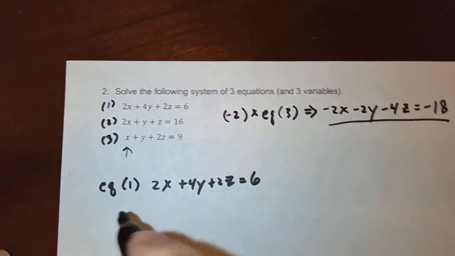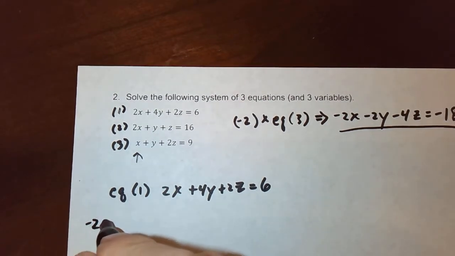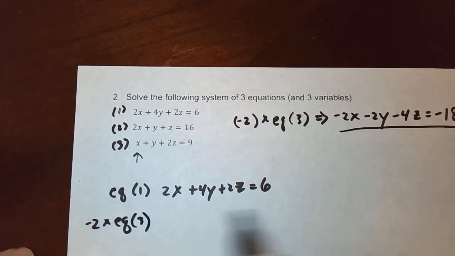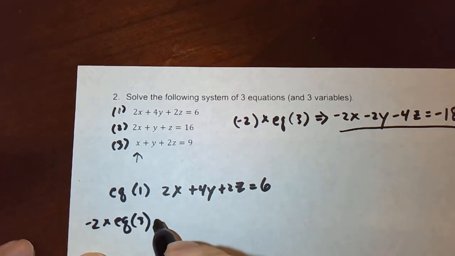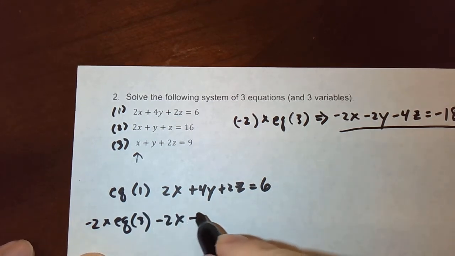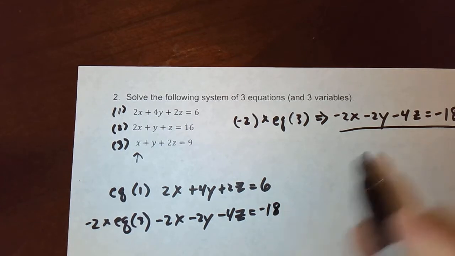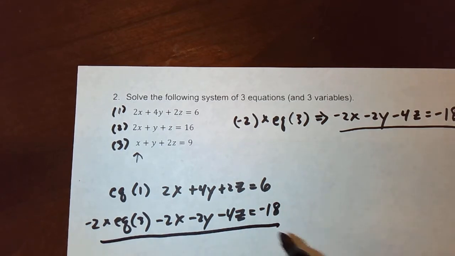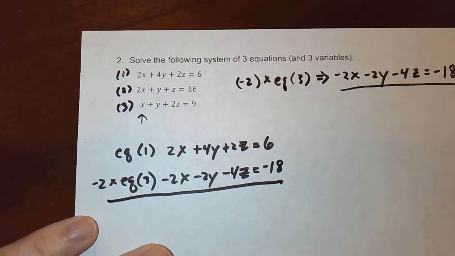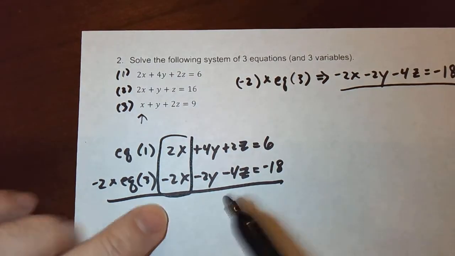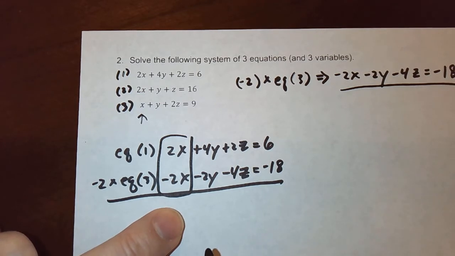And then I'm going to write this -2 times equation number 3 right below it. -2x minus 2y minus 4z equals -18. So now when I add these two equations together, that becomes 0. So we're eliminating the x variable.